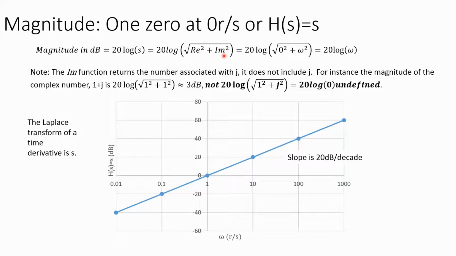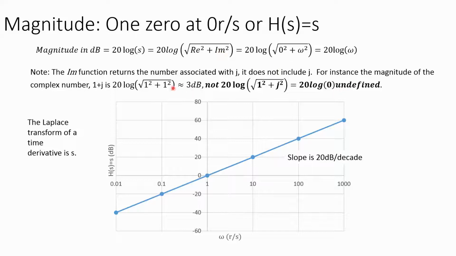Now, sometimes people make a mistake with the imaginary part. If I had a complex number 1 plus j, I'd have 1 squared plus 1 squared, which equals about 3 dB, not 20 log of 1 plus j squared, 1 squared minus 1, which is the log of 0, undefined.